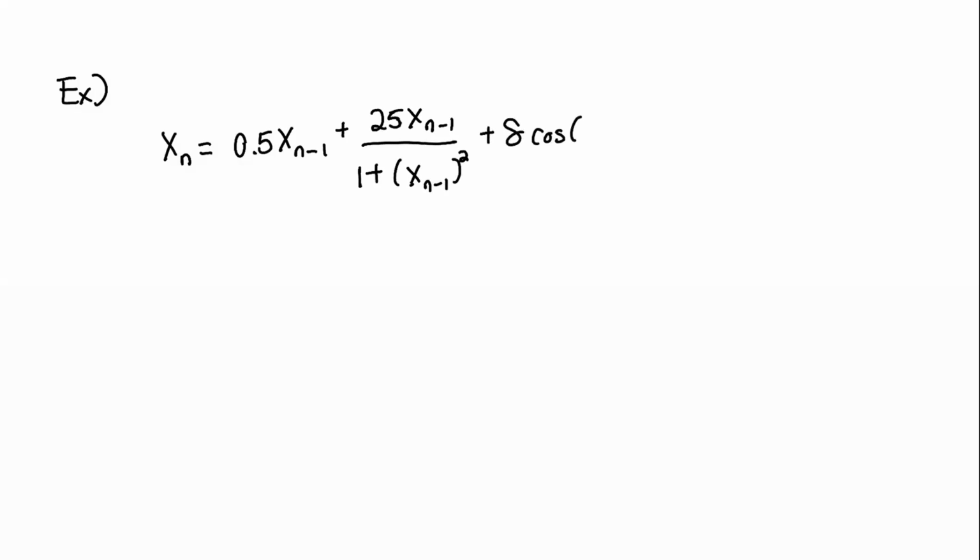I don't know what physical system this corresponds to. So our state space model is: my dynamic, my unknown state at time n, is half times the state at time n minus 1, plus 25 x at time n minus 1 divided by 1 plus x at n minus 1 squared, plus 8 cosine of 1.2 n minus 1.